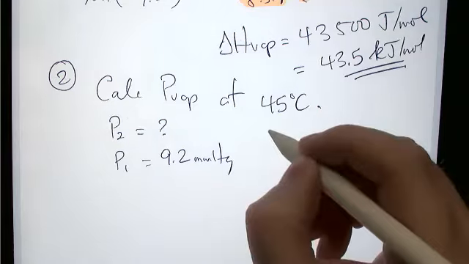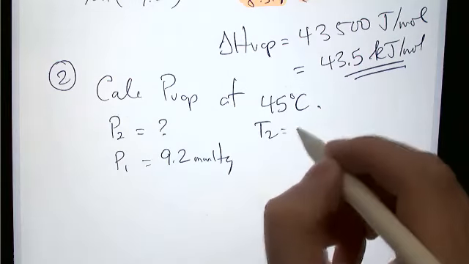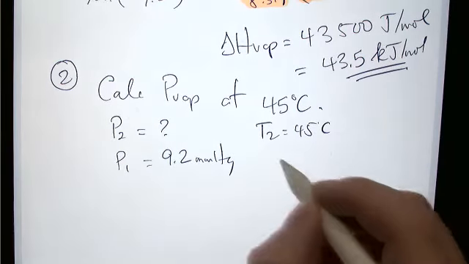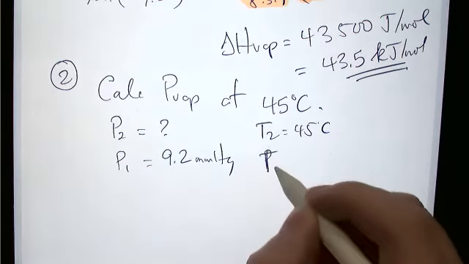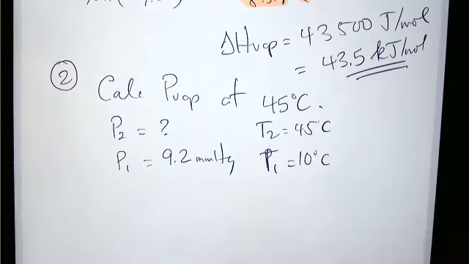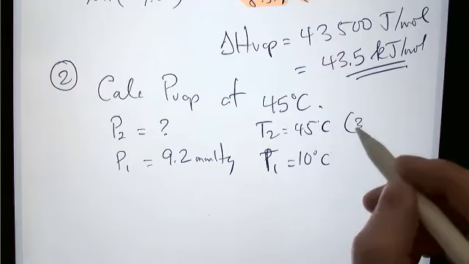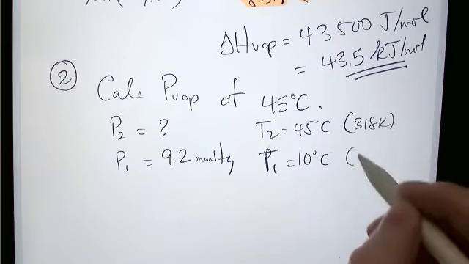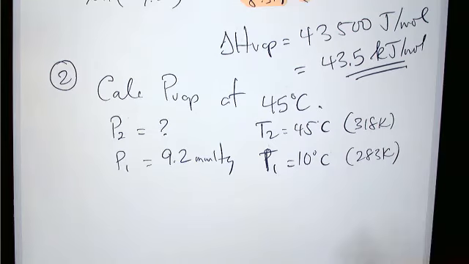In any case, my T2 is going to be 45 degrees Celsius. My T1 is going to be, just like before, 10 degrees Celsius. 273 plus 45 is 318 Kelvin. This is 283 Kelvin.